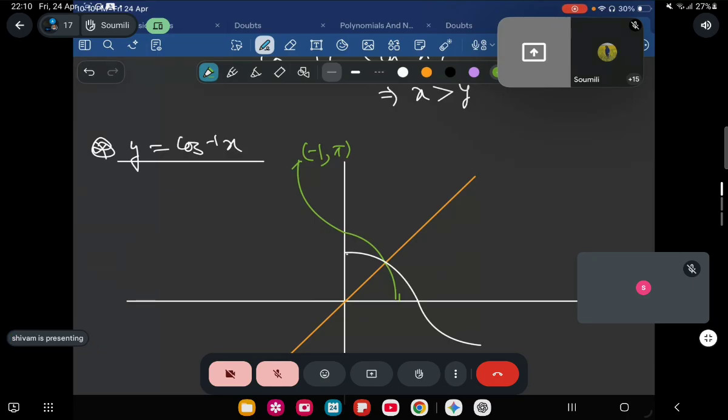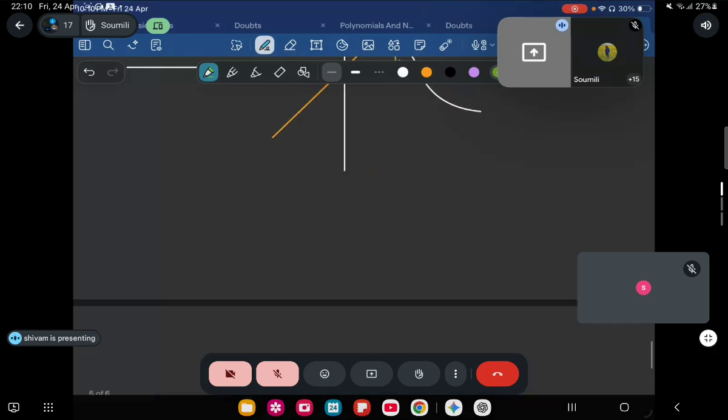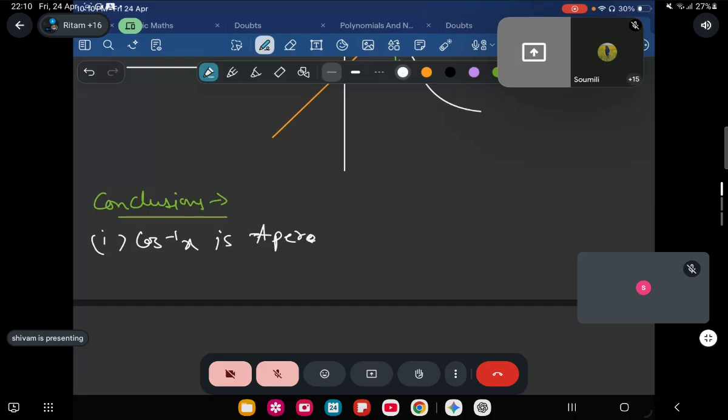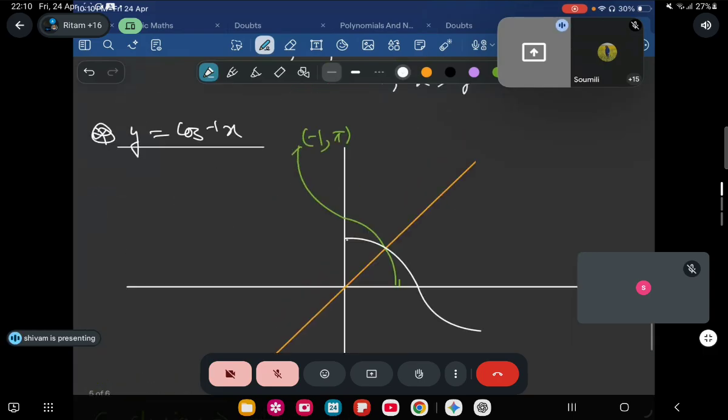Next. There are some conclusions we can draw. Number 1. Cos inverse x is of course aperiodic. Okay, it is non-repetitive. Next, number 2. Is it odd or even? What do you think?